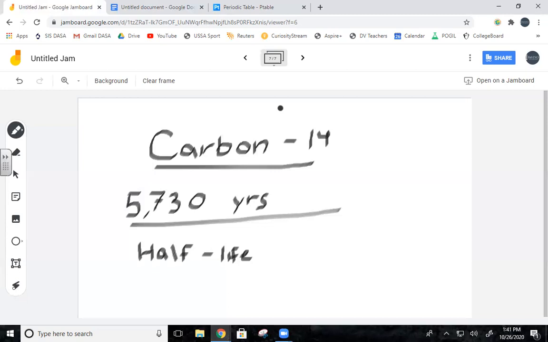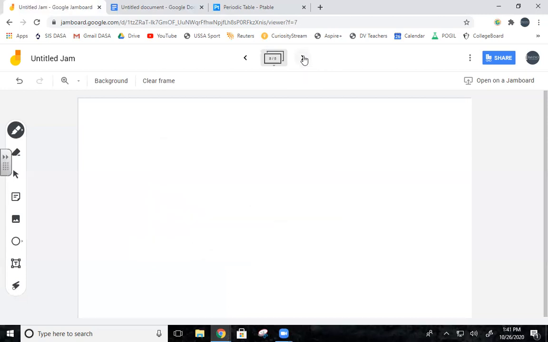So here we need to use some math to figure out some stuff. So we're going to go through a couple of practice problems, kind of looking at examples of what we might see next class. All right, so I'm going to give you a simple one.